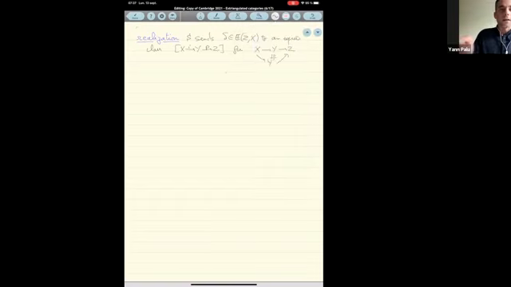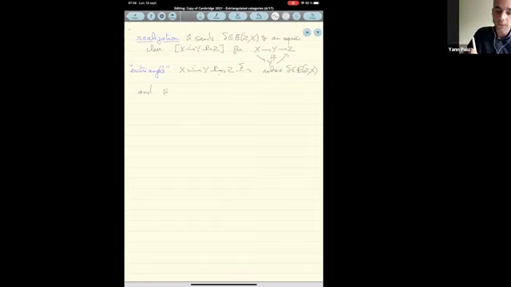And I will call an X triangle a diagram of the form X, Y, Z, I, P, and delta, where, well, first delta is an extension in E(Z, X), and the beginning of the diagram represents delta.